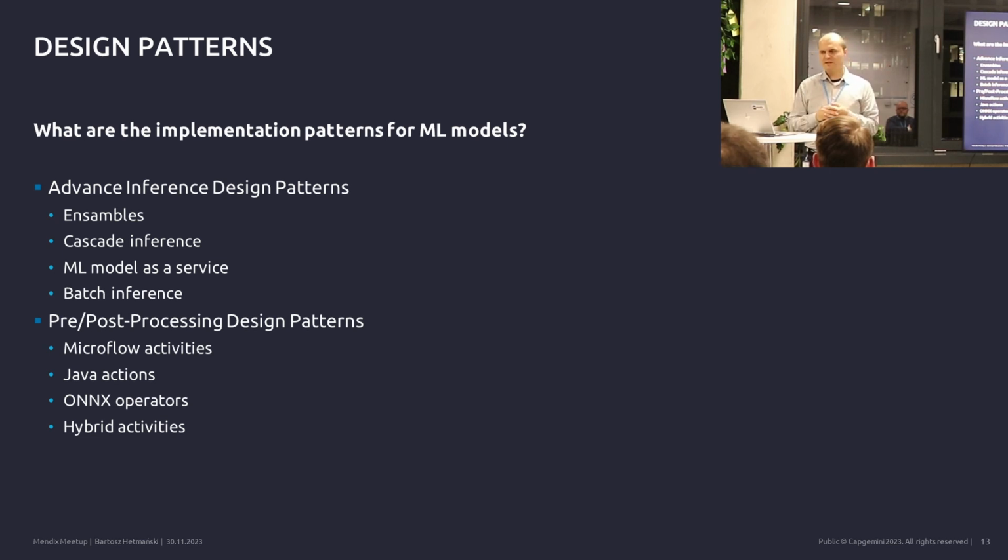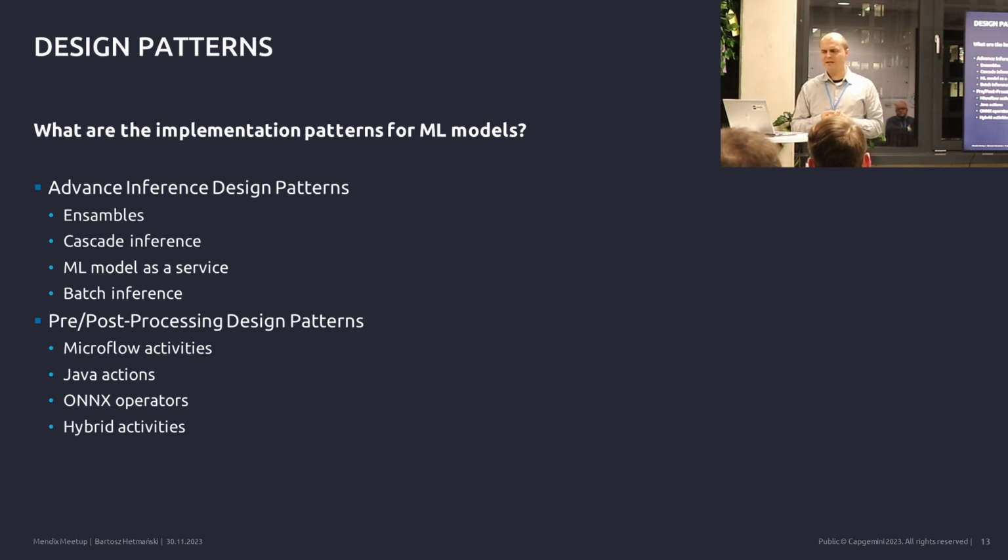You can either do it directly with a microflow, and then you don't need to do pre-processing or post-processing in Java code. In contrast to Java actions, where you need to understand how Java works and how to write Java code, and there you do your processing using regular coding, high coding.